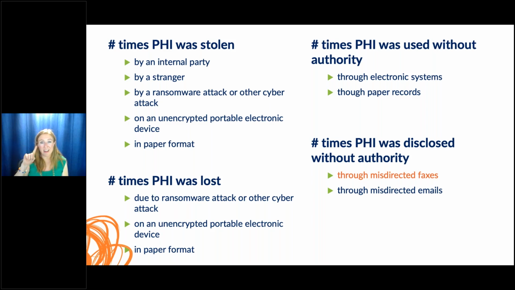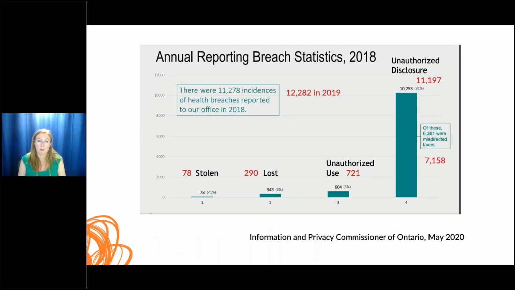But if you've had any one of these things in a calendar year, you do have to make an annual statistical report. We've had 2 years of reporting so far. The details of the 2020 breaches have not yet been published, but the Privacy Commissioner has published statistics of privacy breaches from 2019 and 2018.